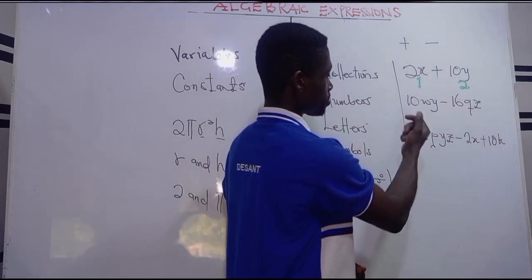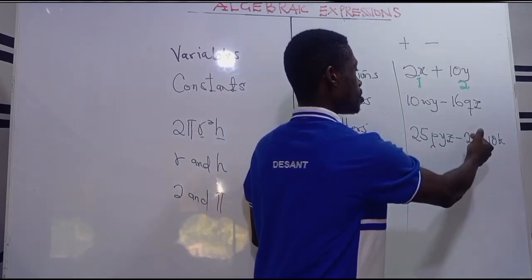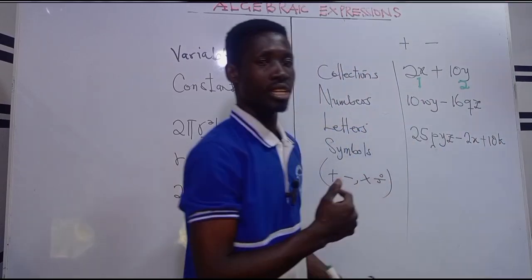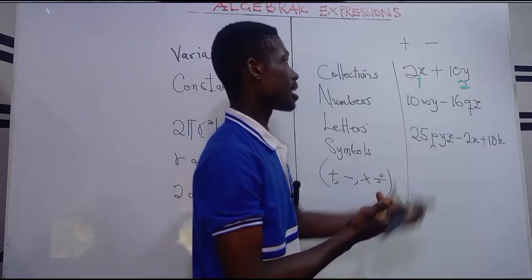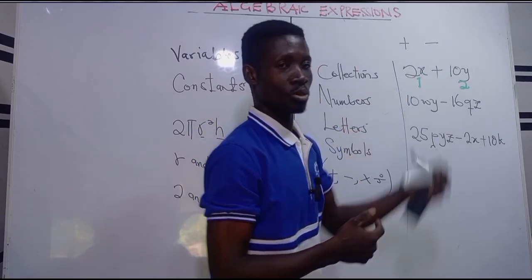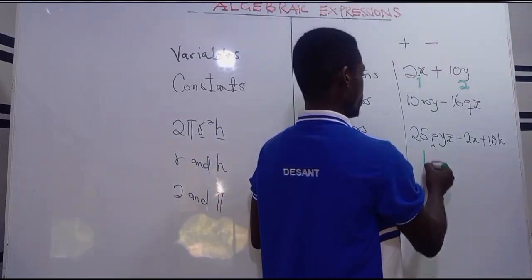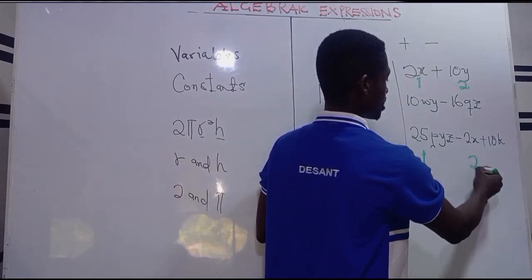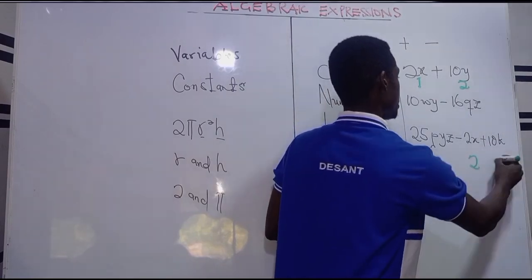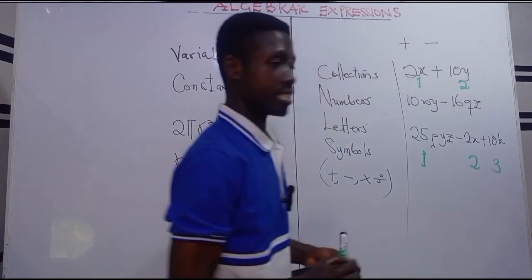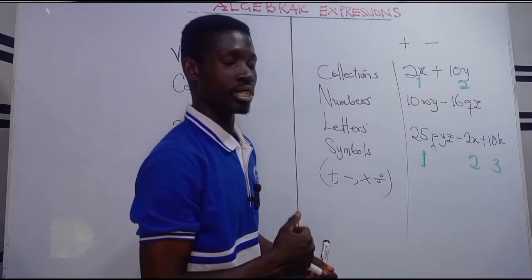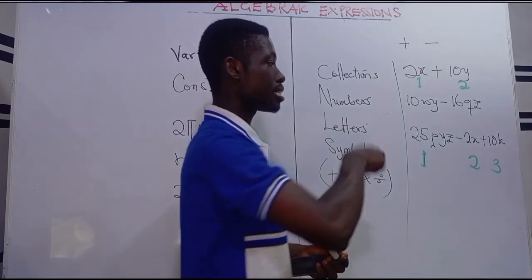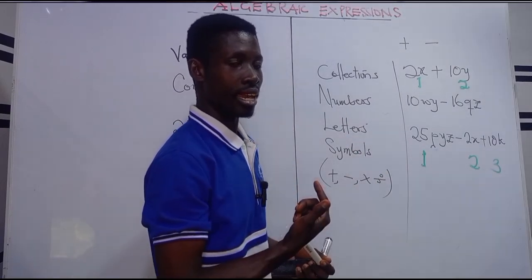We have 1, 2, and then 3, because the terms are separated by addition or subtraction. So we have the first term, the second term, and the third term. So I'm going to write one more example on the board and then determine the number of terms within that algebraic expression. Is that clear?